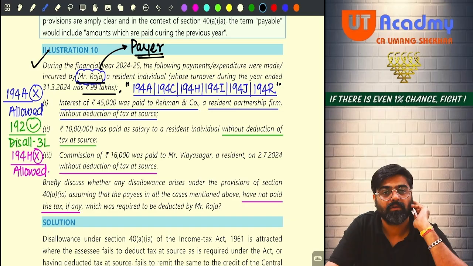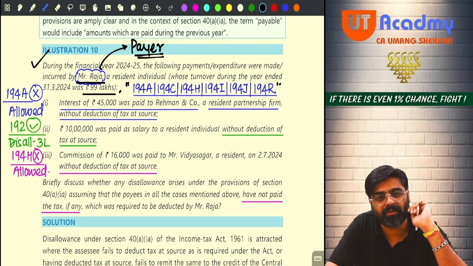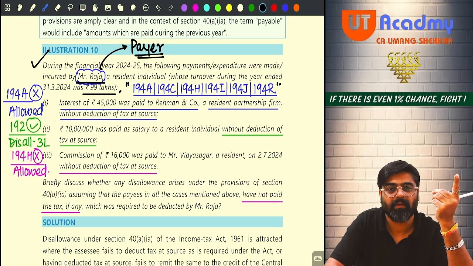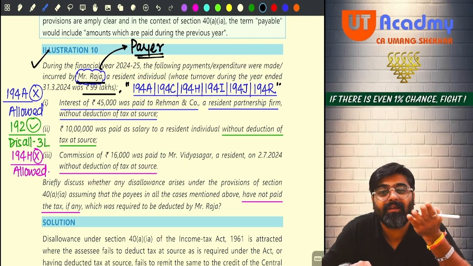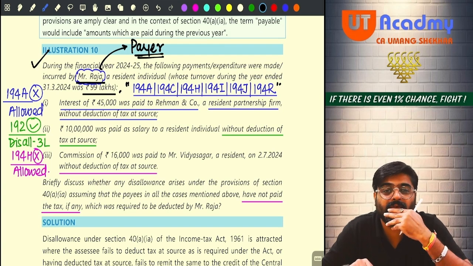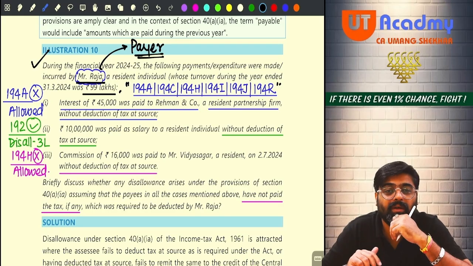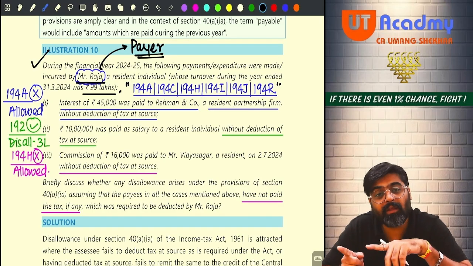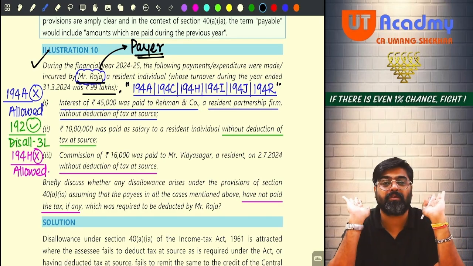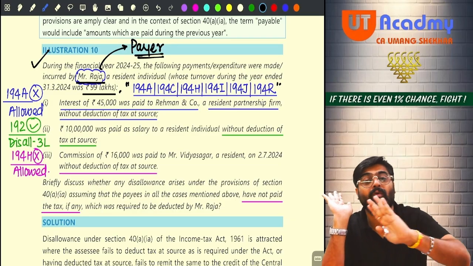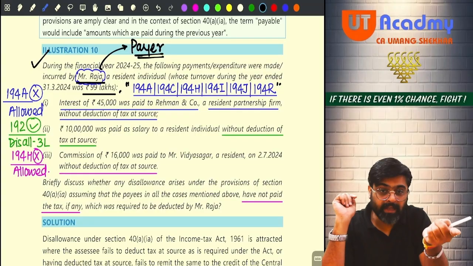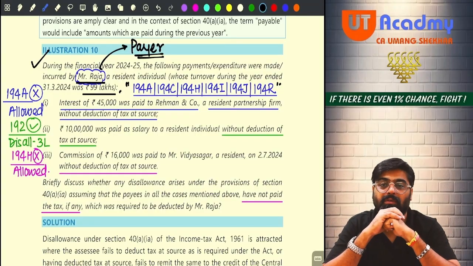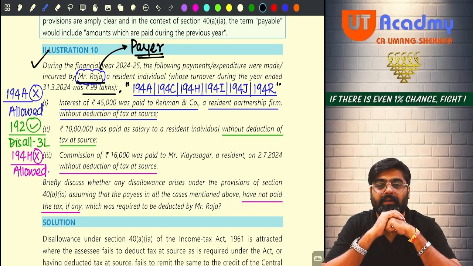Is TDS required to be deducted? The answer is yes. So, if TDS is required to be deducted and you have not deducted, then the interest will be disallowed. But sir, you are a payer who is an individual whose last year turnover does not exceed 1 crore. So even if you are making the payment of this interest which is more than 5,000, you are not required to deduct any TDS. So 194A TDS provisions are not applicable to you, Mr. Raja.